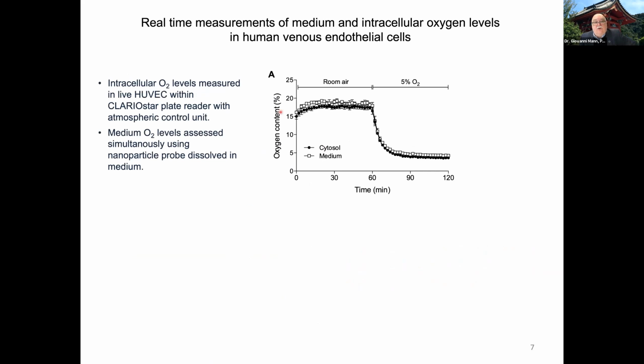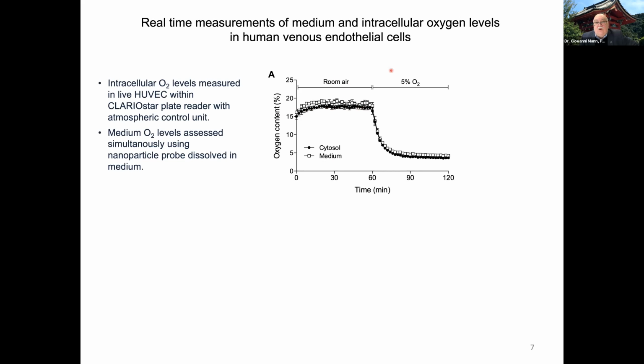So what I'd like to show you here is we have our endothelial cells, in this case, umbilical vein endothelial cells, in the plate reader under room air, that's 21% oxygen. And you can see here the medium level is around 18% oxygen in that humidified 5% CO2 incubator gassed with room air. And the circles show you the actual concentration in the intracellular space or cytosol.